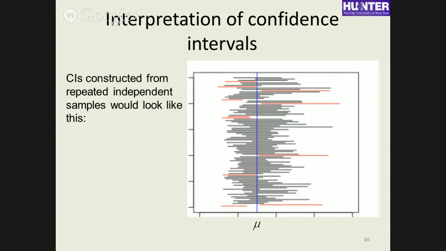Question? So the ones that cross the blue line, those are 95% confidence? All of these are 95%. So the question was, are the ones that cross the blue line a 95% confidence interval? And the answer is that all of these are 95% confidence intervals. They're all unbiased, correct, random samples from the same population.